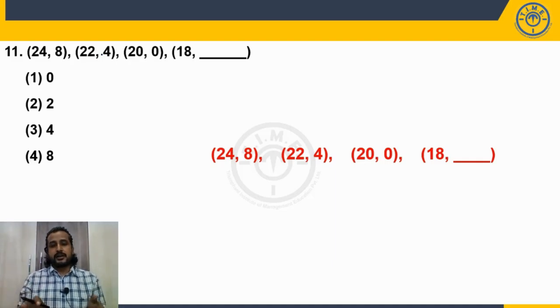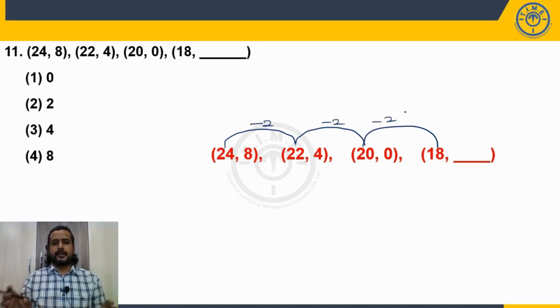If it is not an alternate series, I will tell you how we need to deal with this kind of question. Now, you may see one pattern here: 24, 22, 20, 18, reduced by 2. Minus 2, minus 2, minus 2. This is one basic pattern that we know. If more numbers are given, we can apply the alternate series. There is no issue.